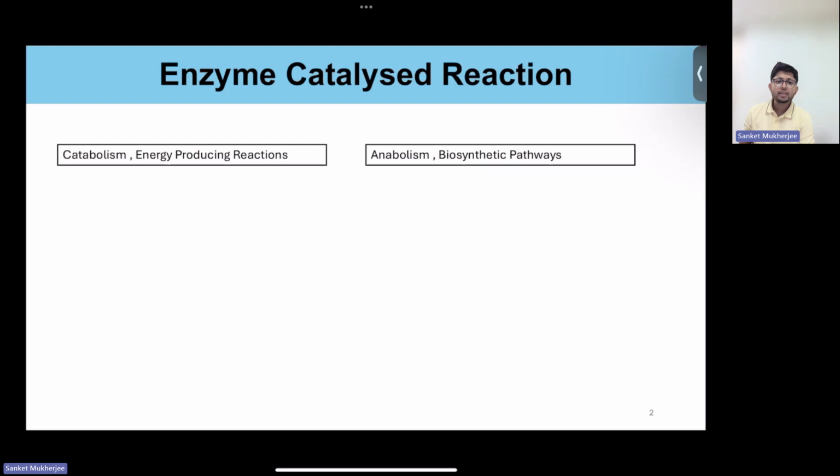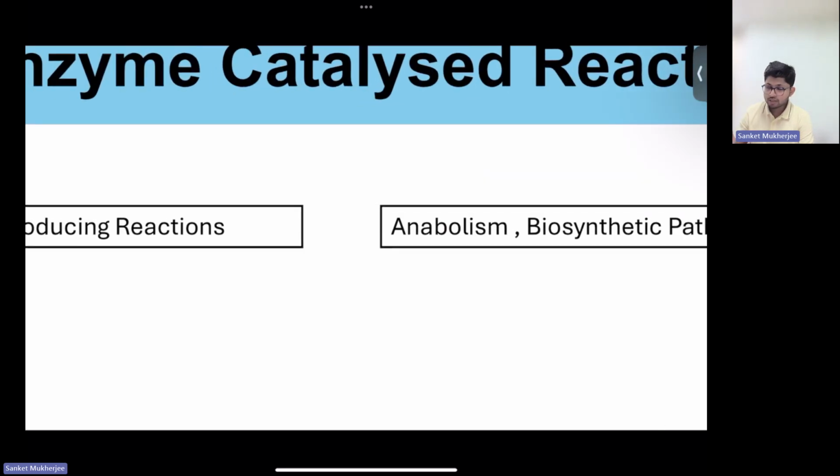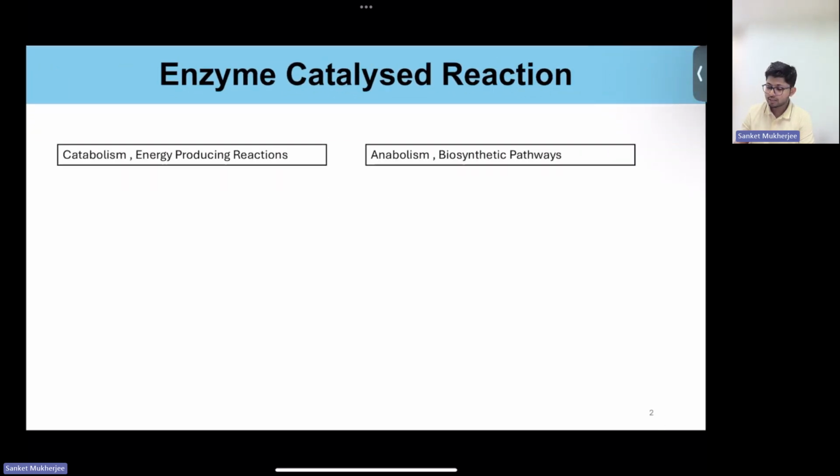If you remember, enzyme catalyzed reactions could be broadly categorized into either catabolism or anabolism. Catabolism is energy producing reactions. Anabolism is biosynthetic pathways. For example, glycolysis produces energy. Anabolism, biosynthetic pathways, would rather be the synthesis of a biomolecule, a product.